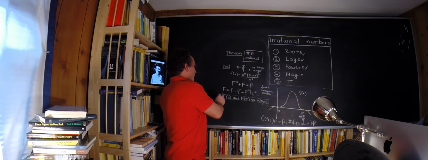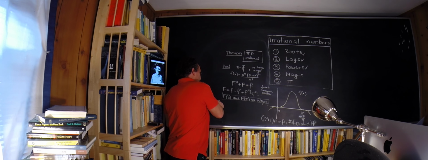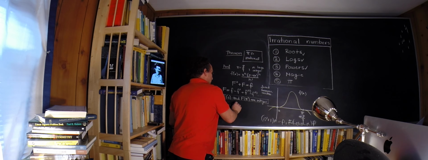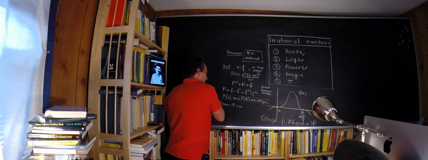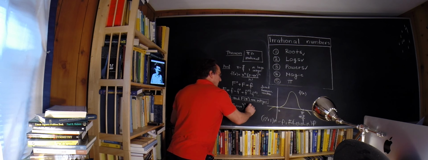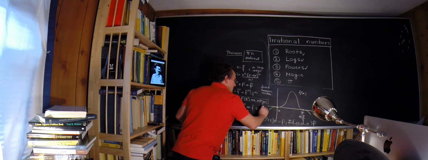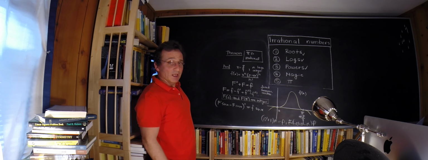And now you check something else. You check that F prime sine x minus F times cosine x. Take the derivative of that. What you get is actually just f times sine x. Why is this the case?